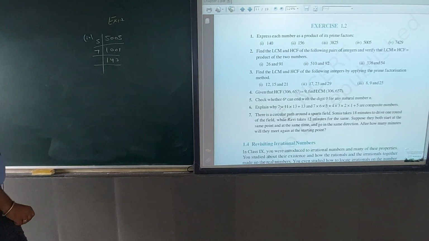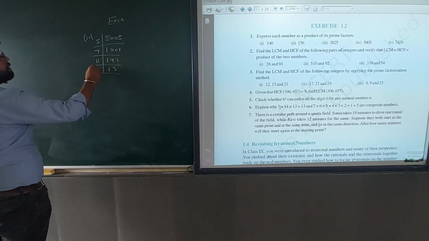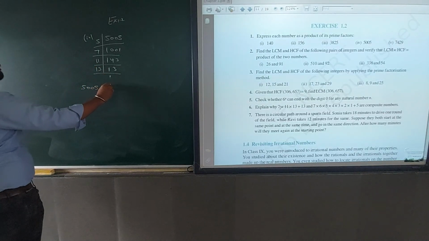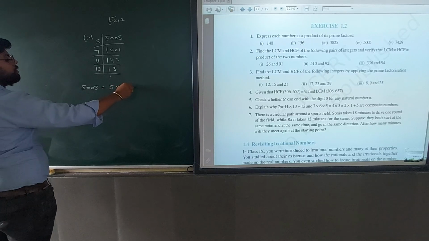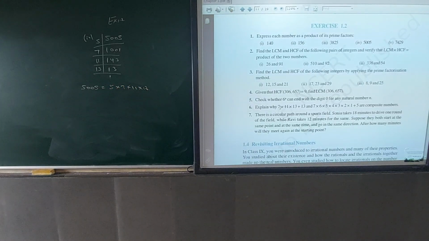Now which table? Now 11. 11 1s are 11, 1 will be the carry, and 13. So 5005 is 5 into 7 into 11 into 13. And the last one will be 7429. You can do it as your homework.